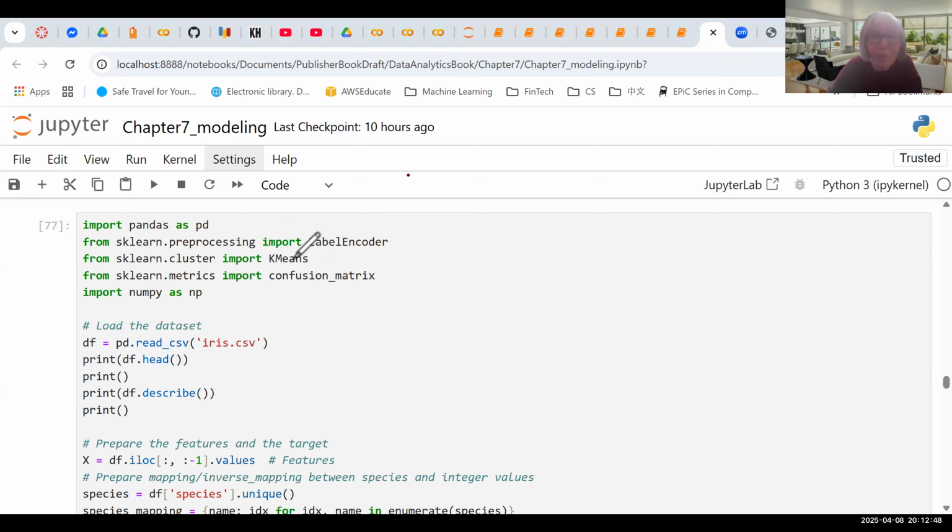To do k-means clustering, you need to import. So this is machine learning, not a statistical model. Since k-means belongs to machine learning, we only introduce the machine learning model for k-means.